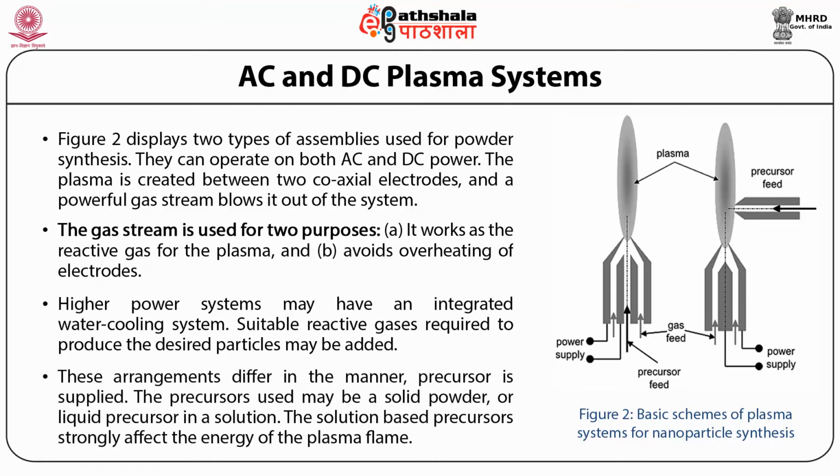These arrangements differ in the manner the precursor is supplied. The precursors used may be a solid powder or a liquid precursor in a solution. The solution-based precursors strongly affect the energy of the plasma flame.